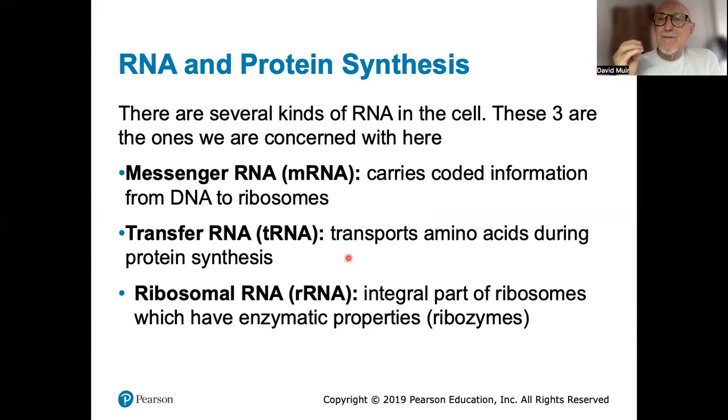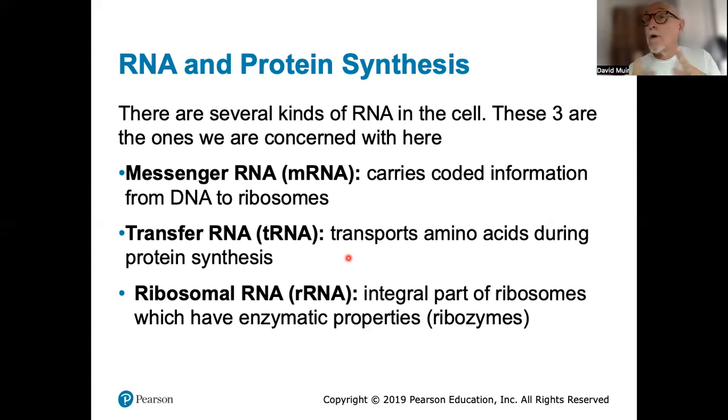And there are many species of transfer RNA because any one transfer RNA can only carry one specific amino acid. Living things use 20 different amino acids with a few bizarre exceptions. But in general, you can assume that living things use 20 amino acids.